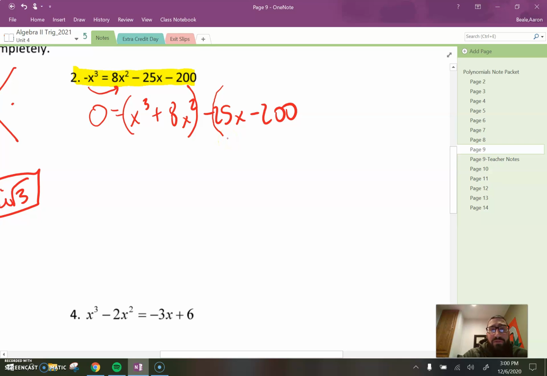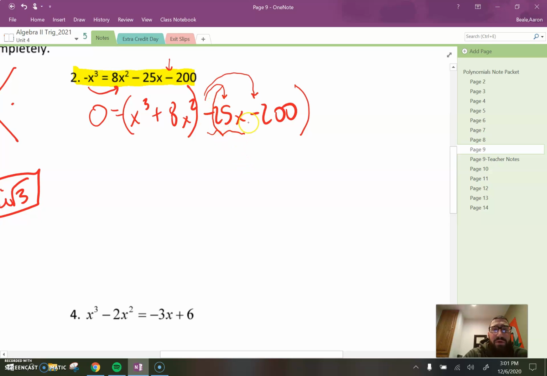But if you were to distribute that back here, you would get your negative 25x. But over here, if you leave this as a negative, that would distribute again to positive 200, where this is a negative 200.